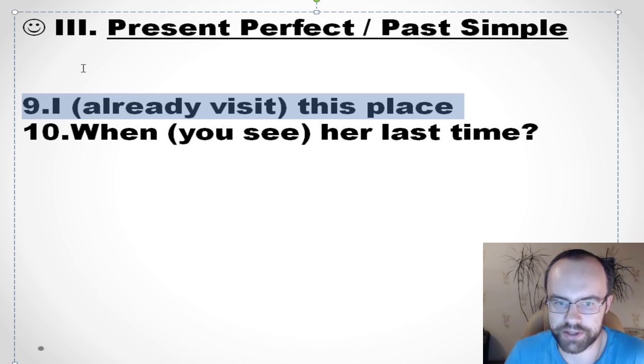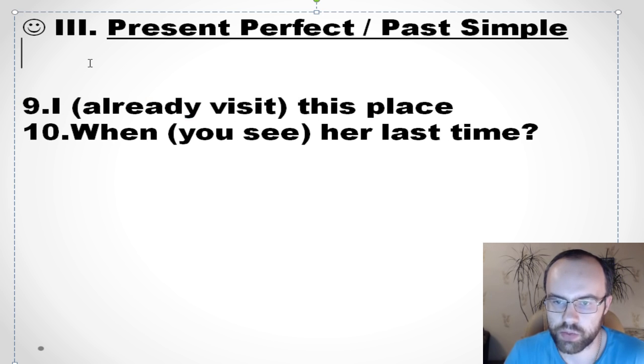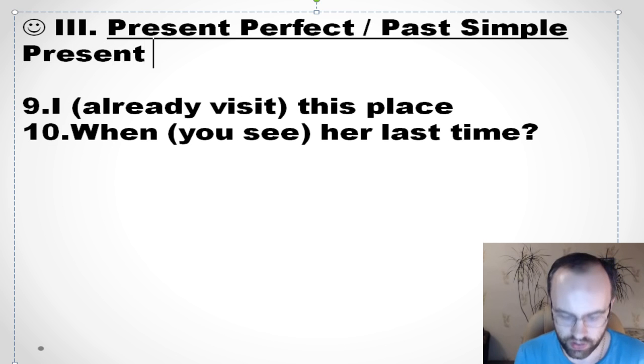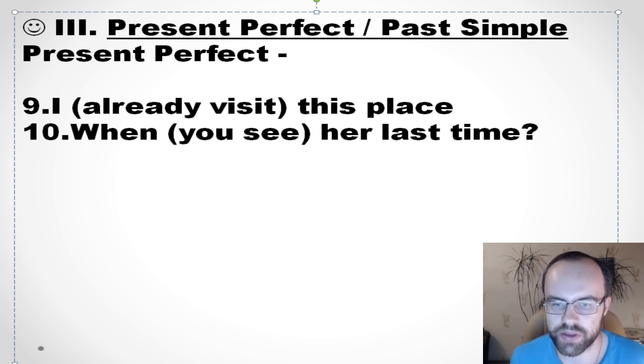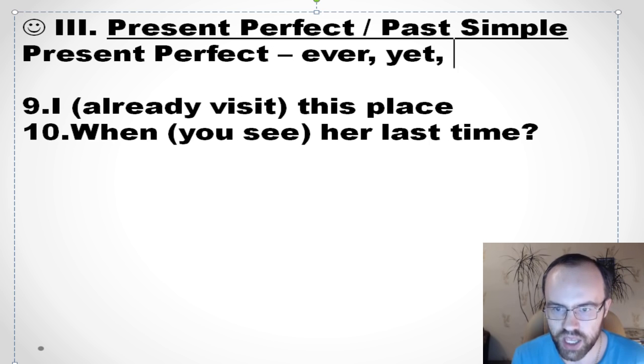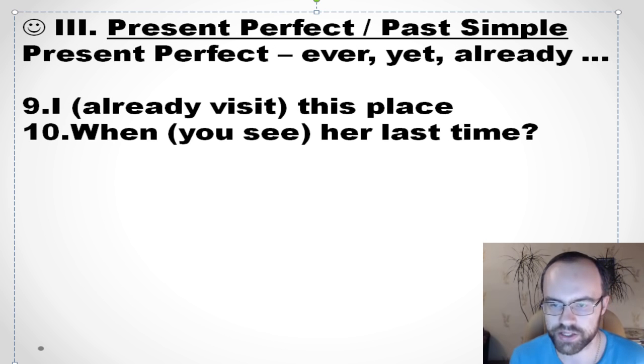Okay, so 9. Present perfect or past simple. You know that if we are talking about present perfect, I know that we talked about it, we use it with some phrases such as ever, yet, already, and some other phrases.